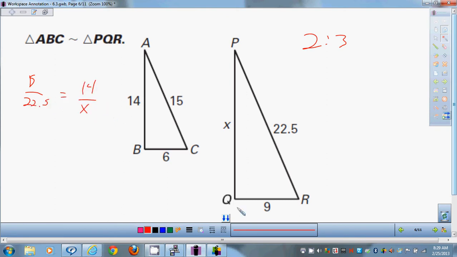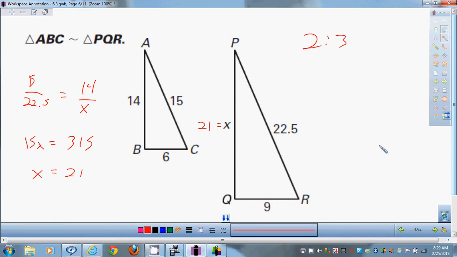You could have also done 2 over 3 equals 14 over x. You could have used the scale factor. But regardless of how you did it, you should have gotten... Hold on, I can do this. 315 divided by 15. What'd you get, 21? 21. Questions?